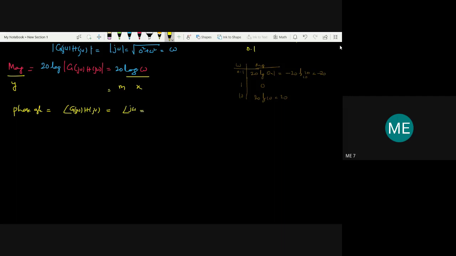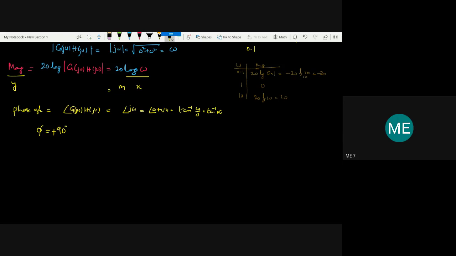Angle of j omega is nothing but the angle of 0 plus j omega, which is tan inverse of omega by 0, which is tan inverse infinity. Tan inverse infinity is nothing but 90 degrees. So plus 90 degrees here, and this is the phase angle for one zero at origin.